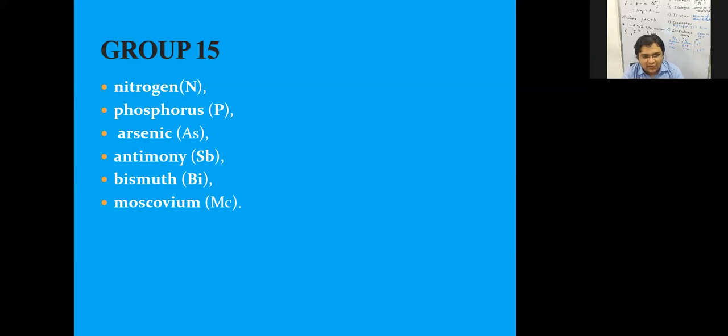You have to remember these elements. Write the mnemonic for this if you want: Nahi pass sabke bill. Or you can straight away remember it, very simple. Nitrogen, phosphorus, arsenic, antimony.